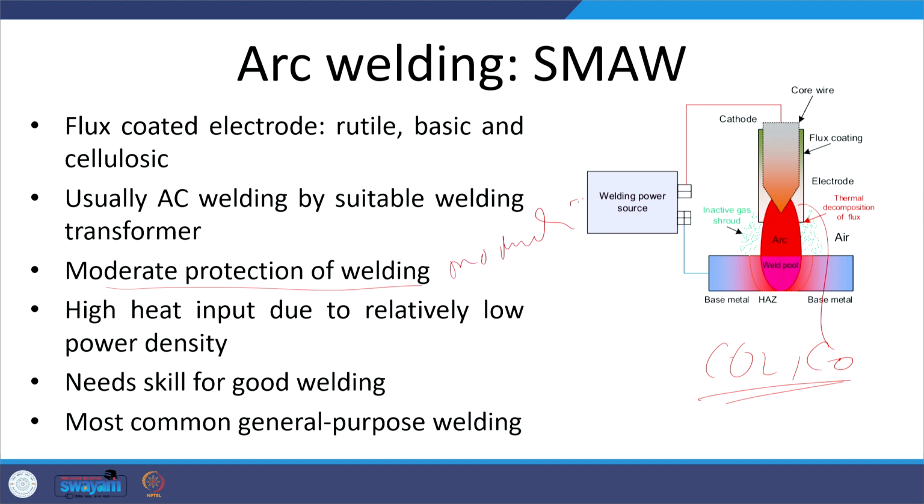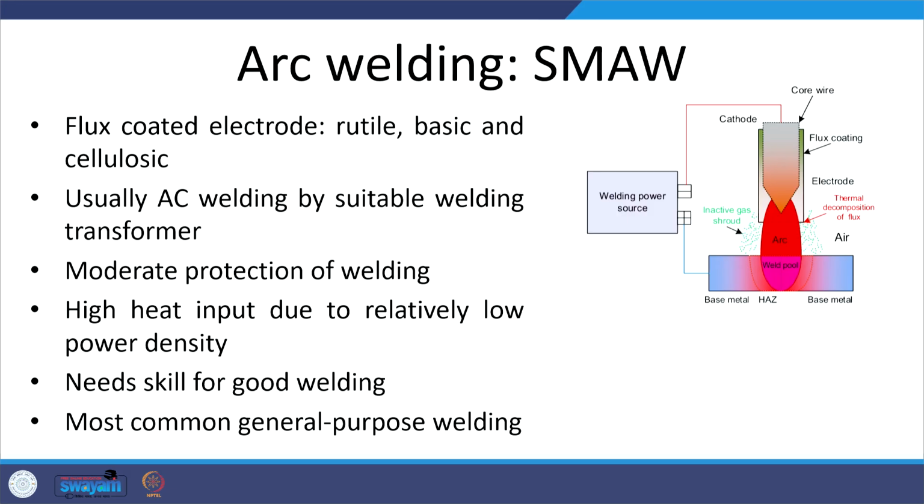Therefore, we will have gases like hydrogen, oxygen and nitrogen in the weld metal, and that can degrade the quality of the joint significantly depending upon the metal system being welded.